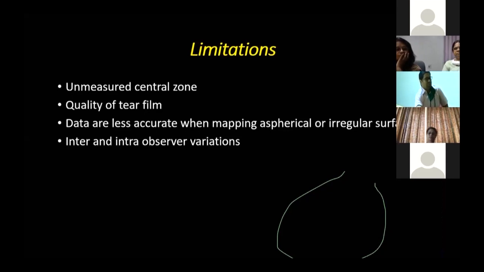So whatever said and done, this type of placido disc alone system has many limitations: they do not measure the central zone, the quality of tear film matters, the data which is extrapolated from this doesn't hold good for irregular surfaces of the cornea, and there can be inter and intra observer variation.